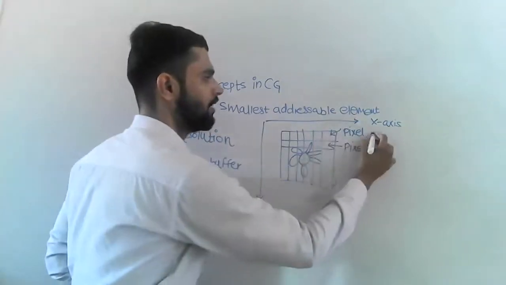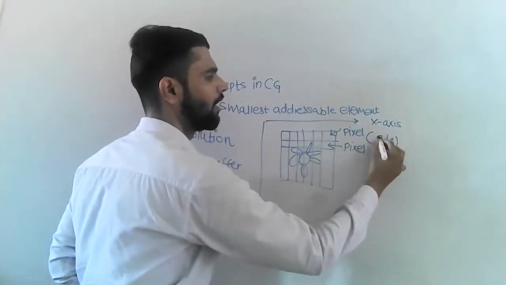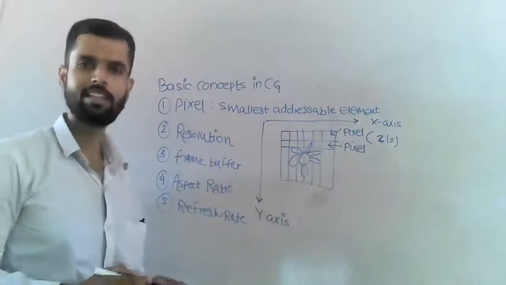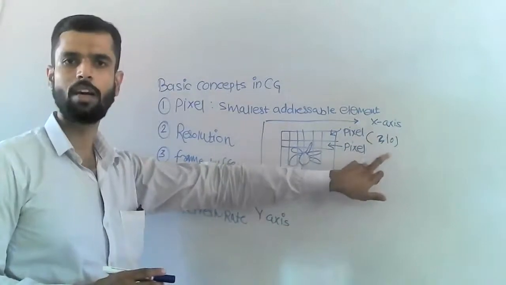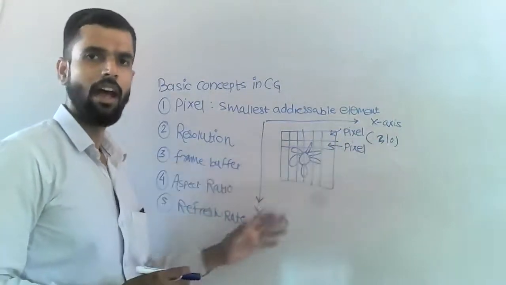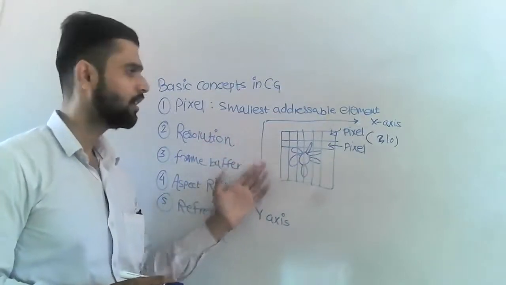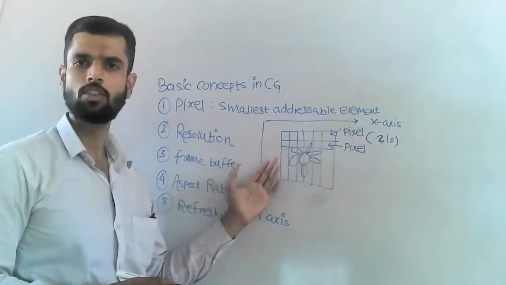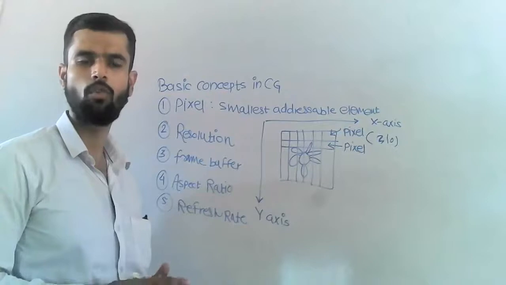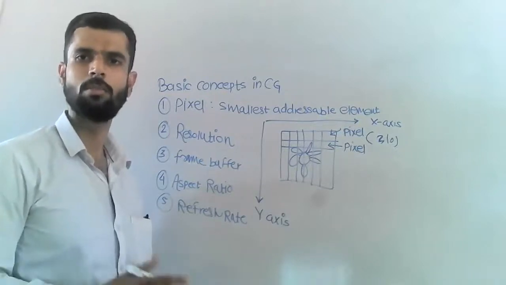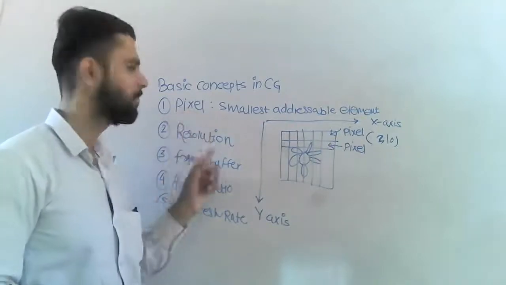Suppose for this pixel the position is 2, 10. Then we can say this pixel has address 2, 10. The computer screen consists of millions of pixels, and these pixels together form the image of anything. So this is the first concept, that is pixel.